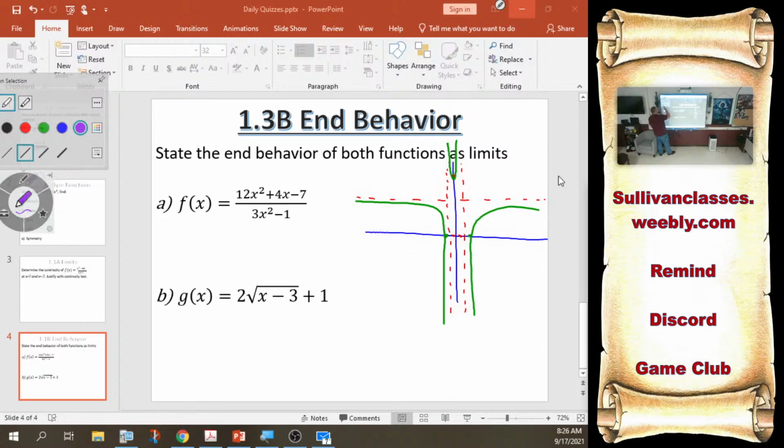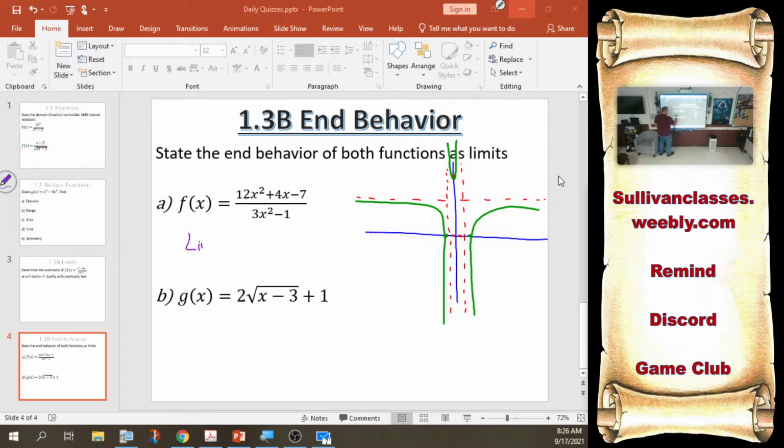And in both cases, the limit of my function as x approaches plus or minus infinity is just 4. If you wrote them separately, cool. If you wrote them together like this because they went to the same place, cool.